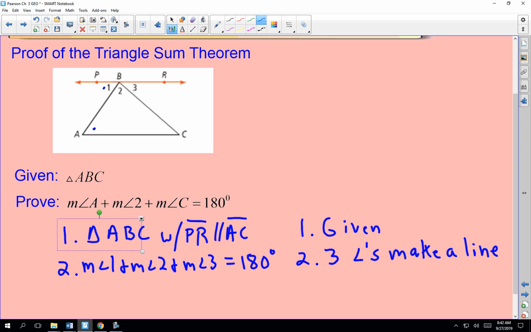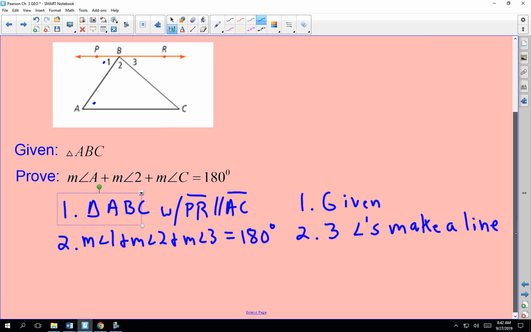And if two lines are parallel, what's true about the alternate interior angles? They're congruent. And it works on the other side as well, here and here. So we can say that all together. And so number 3 is angle A is congruent to angle 1, and angle 3 is congruent to angle C.